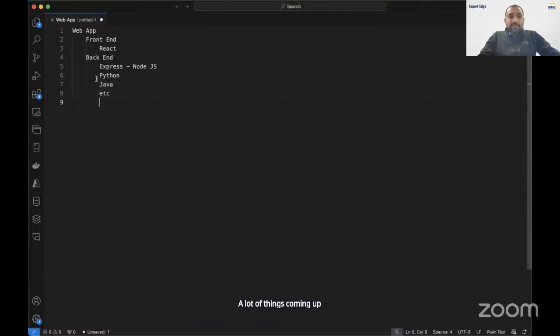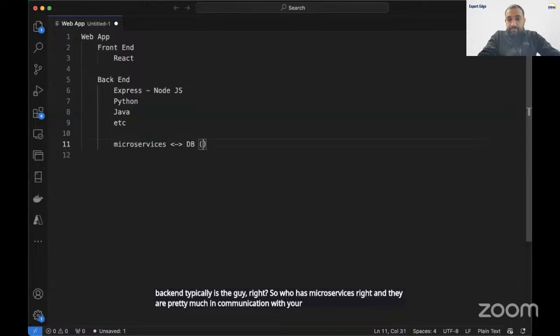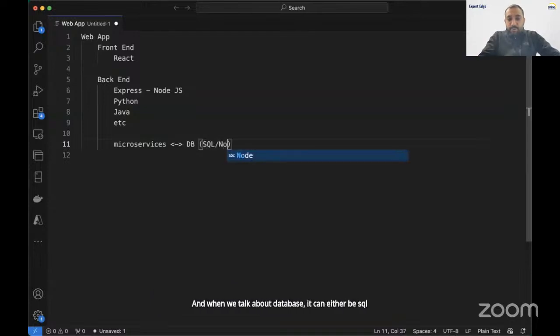And of course, when we talk about the backend, typically it is the part which has microservices, right? And they are in communication with your database. When we talk about databases, it can either be SQL or NoSQL, right? Nowadays, we have MongoDB ruling the industry when it comes to NoSQL databases.